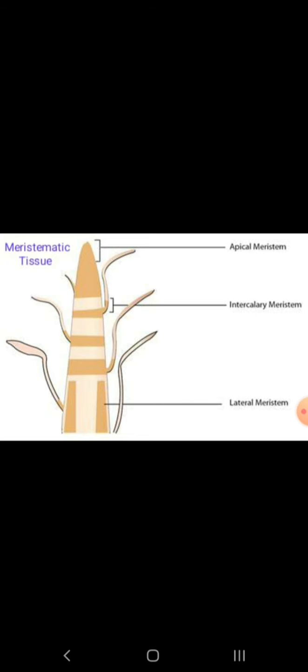Vacuoles are small spaces in the cell which contain minerals or water. And the fifth major characteristic of meristematic tissue is that these are actively dividing cells, so they can divide easily and add new cells to the plant body.